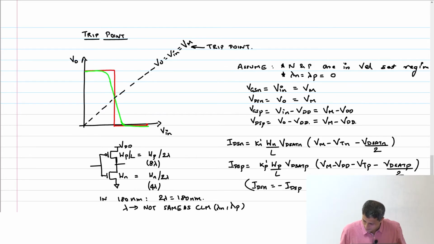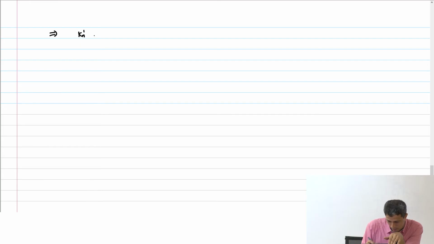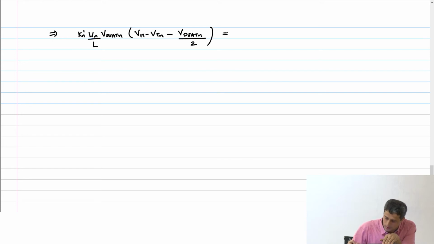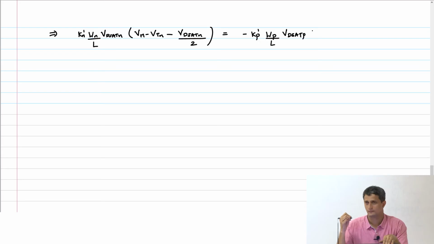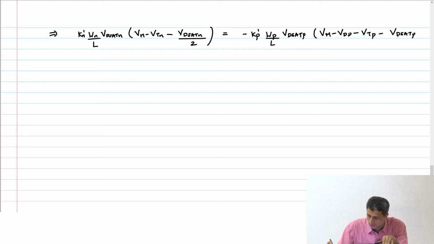I go and equate this, which implies Kn prime Wn by L into Vdsat n into Vm minus Vtn minus Vdsat n by 2 equals minus Kp prime Wp by L into Vdsat P into Vm minus Vdd minus Vtp minus Vdsat P by 2.